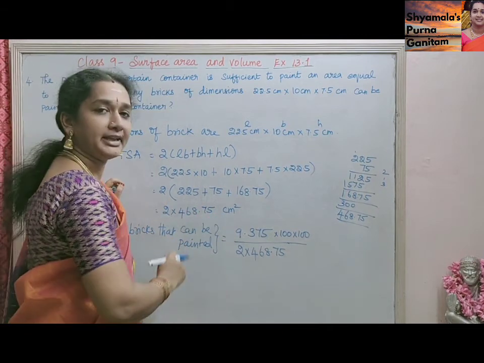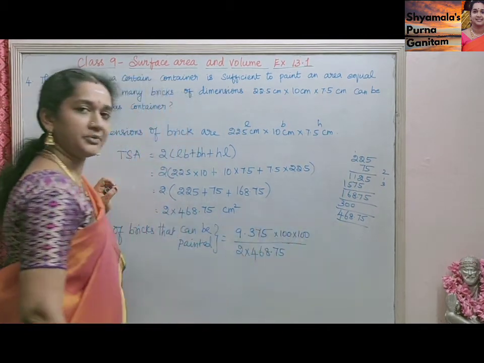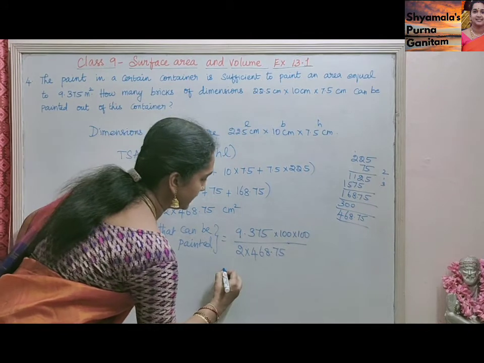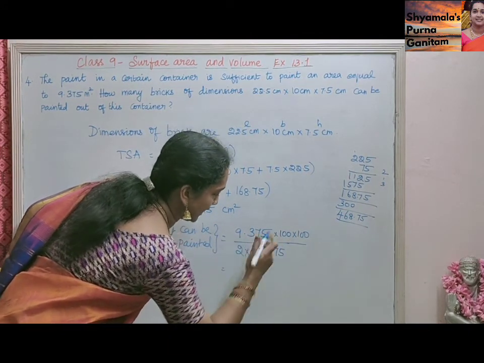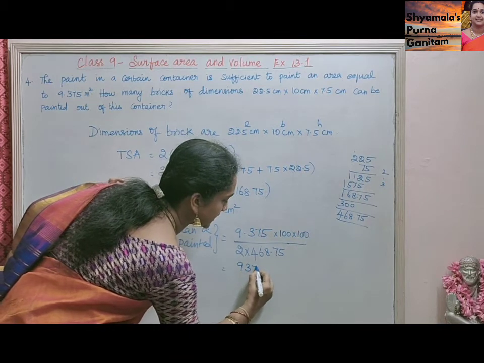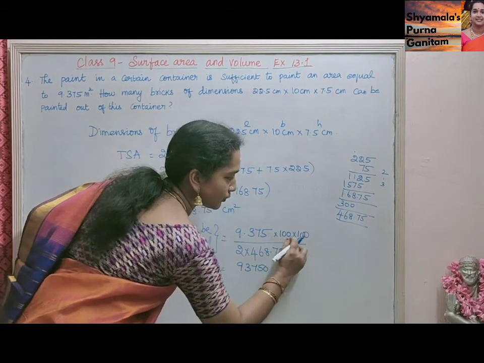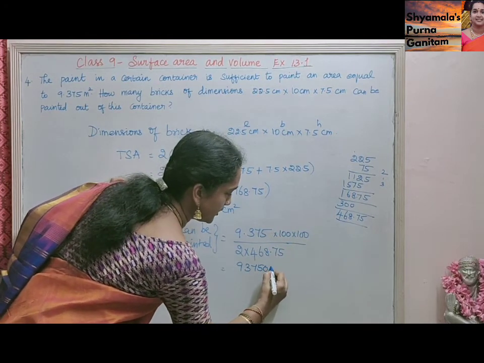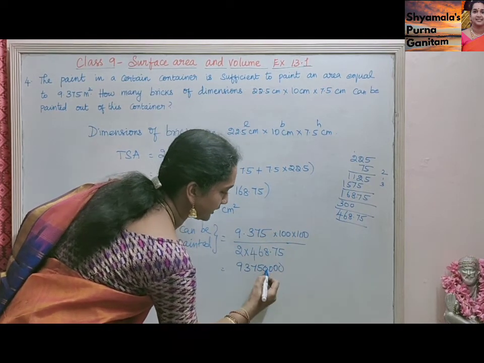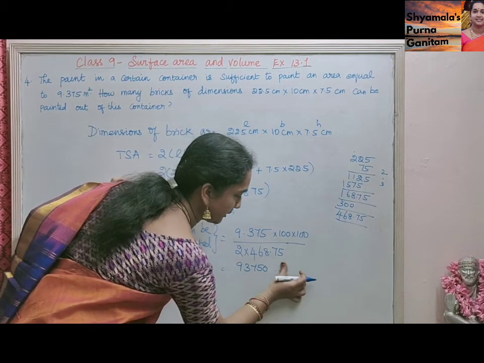When we multiply this, we get 93750. So 4 zeros, and then the 3 decimal places will be removed.